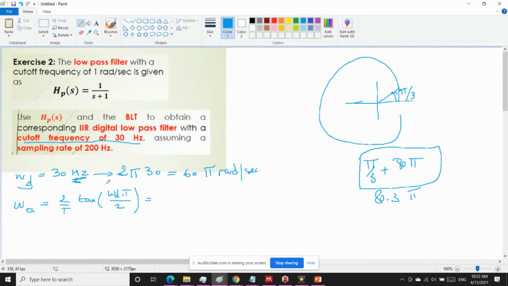T is the sampling period, which equals 1 over the sampling frequency. The sampling frequency was given, which is good. So it is 1 over 200, which is 0.5 times 10 to the power of minus 2, or 5 times 10 to the power of minus 3 seconds.